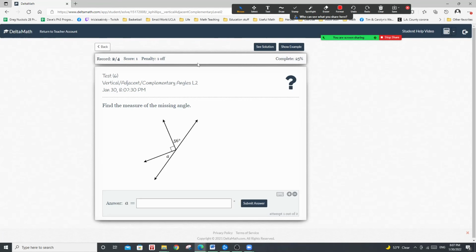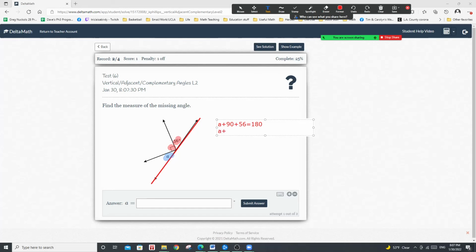No, I don't need to do that one. Oh, one more type of problem, okay? Here is a line. Here is a 90 degree. Here is 56, and here is A. Remember, the red square means it equals 90. So A plus 90 plus 56 equals 180.